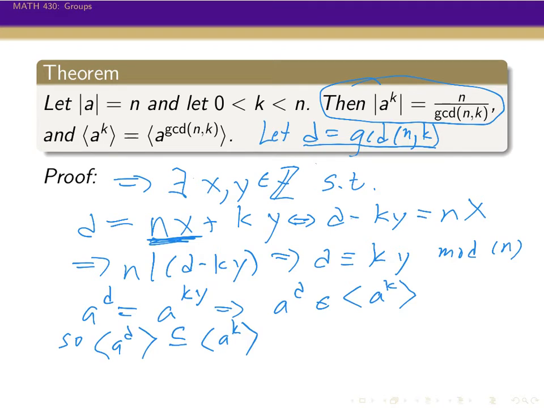And then using the same argument as in the last proof, we already saw that the subgroup generated by a to the k is inside the subgroup generated by a to the d, because k is a multiple of d. And so since each is a subgroup of the other, this means that they are equal to each other.